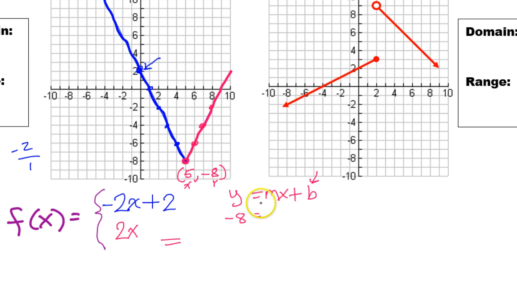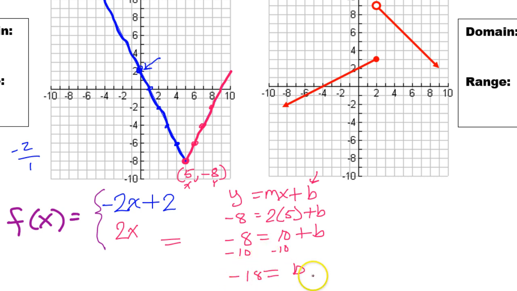Now for the m, here's my slope right here, so that'll be 2. And then the x is 5 plus b. So I should be able to find b very easily. So negative 8 is equal to 10 plus b, subtracting the 10, and I find that b is equal to negative 18. So that makes this 2x minus 18.